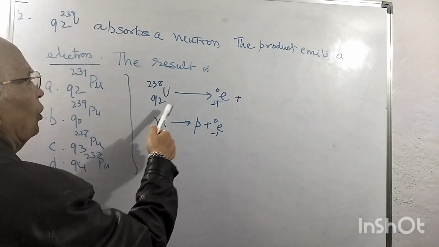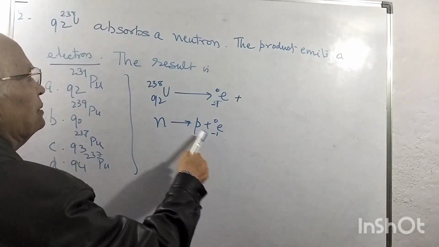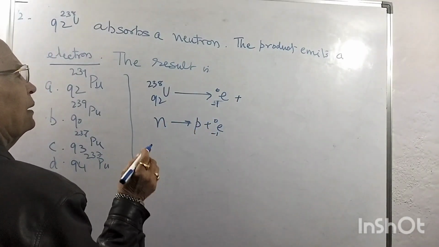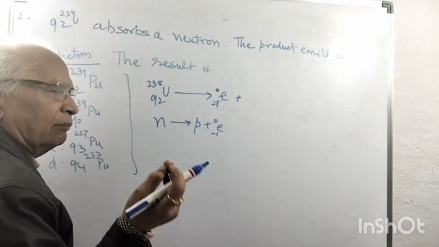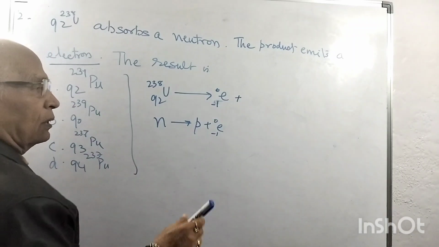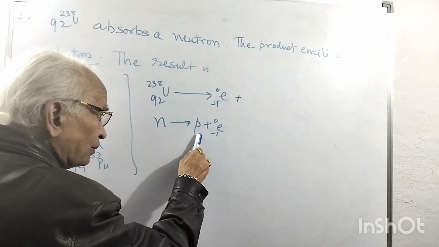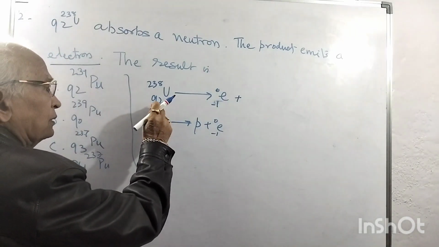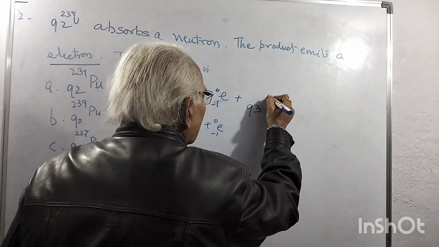So one neutron is converted to proton and an electron is emitted. The mass remains nearly the same, because the mass of the electron is much smaller compared to a nucleon. Charge will increase because one proton increases. So this becomes 93.